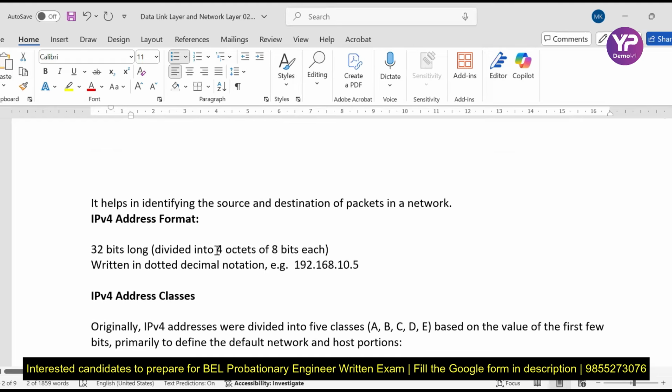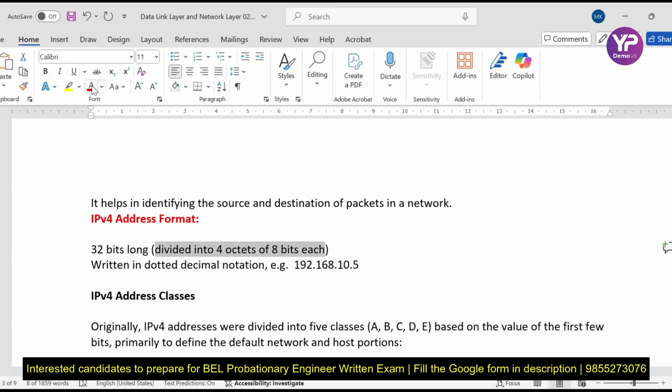You can see here the format of an IPv4 address. Even though it is not that important, it is still 32-bit. We know that. Now keep in mind this point. It is divided into 4 octets of 8 bits each.